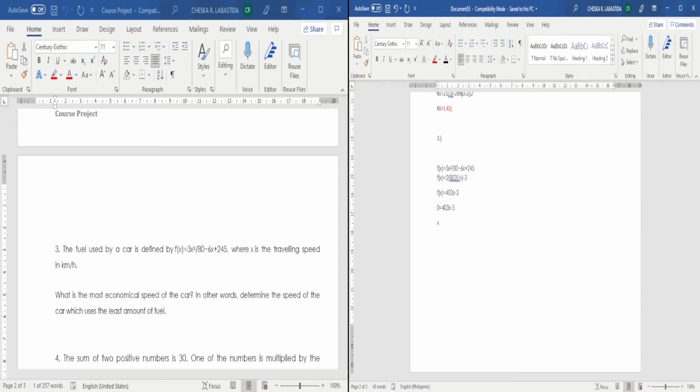So x is equal to 40 kilometers per hour. So this is the answer for number 3.